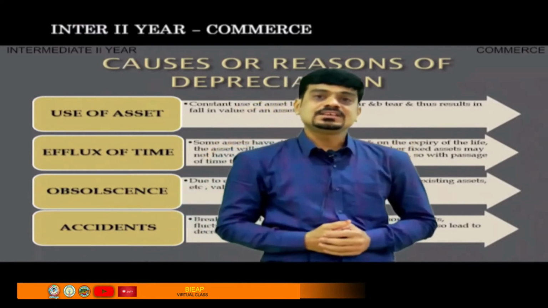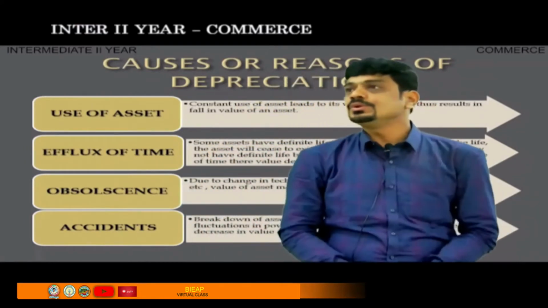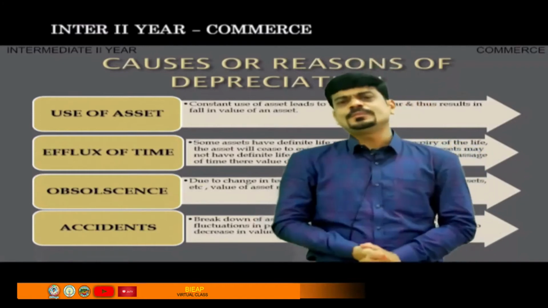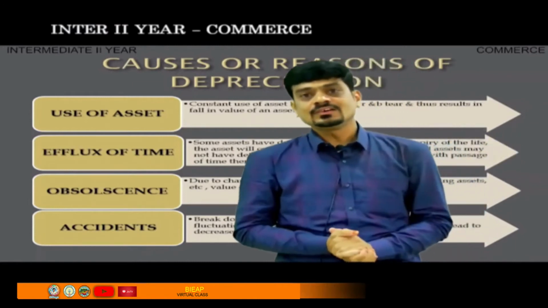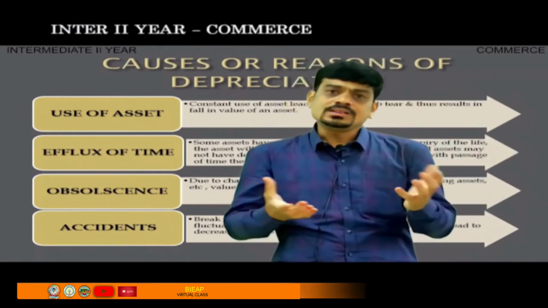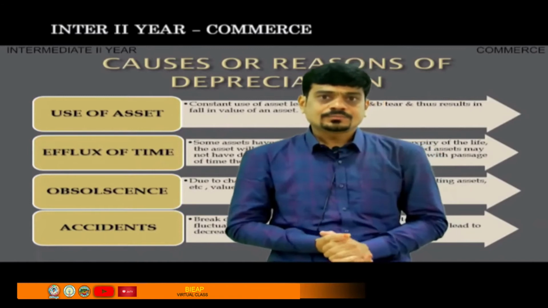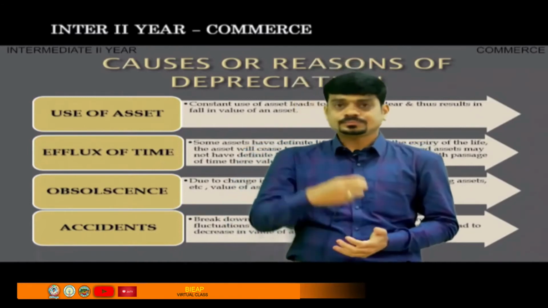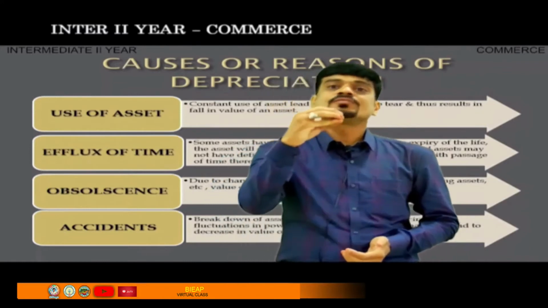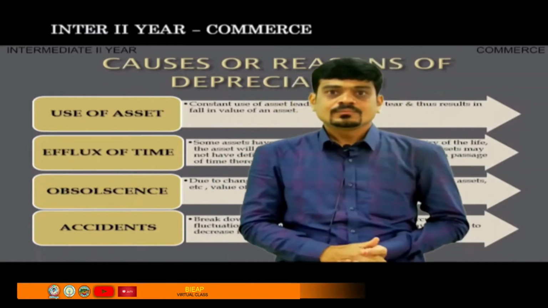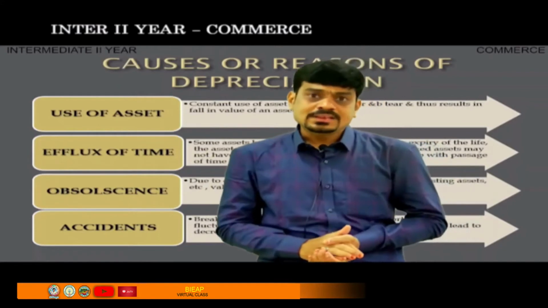And the other reason is accidents. There is every possibility that there may be some sort of accident in the business or in the industry. And what are those accidents because of? They are because of natural calamities, you can say. Like, did we expect the pandemic this year?